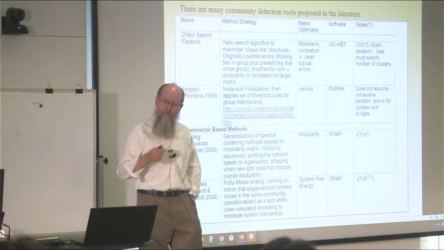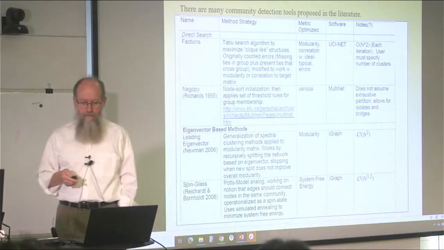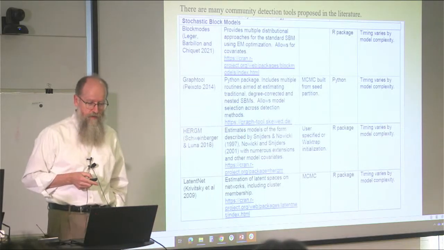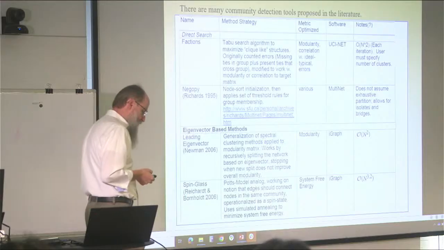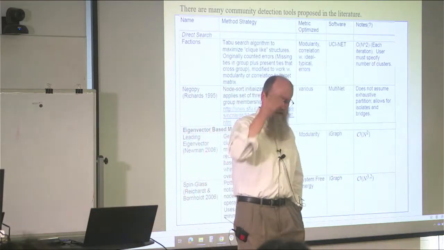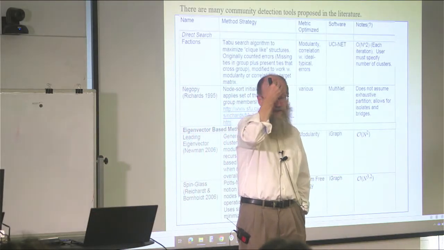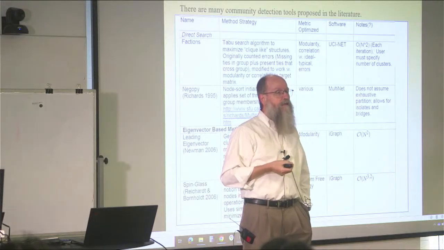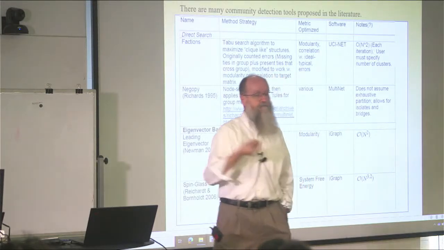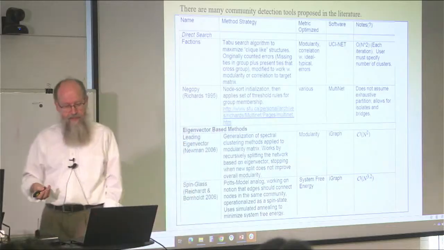Eigenvector-based methods flip it around a little bit. These are effectively saying, Moody, your stupid network isn't that special. It's just a matrix. We have matrices. We've been dealing with matrices for years.